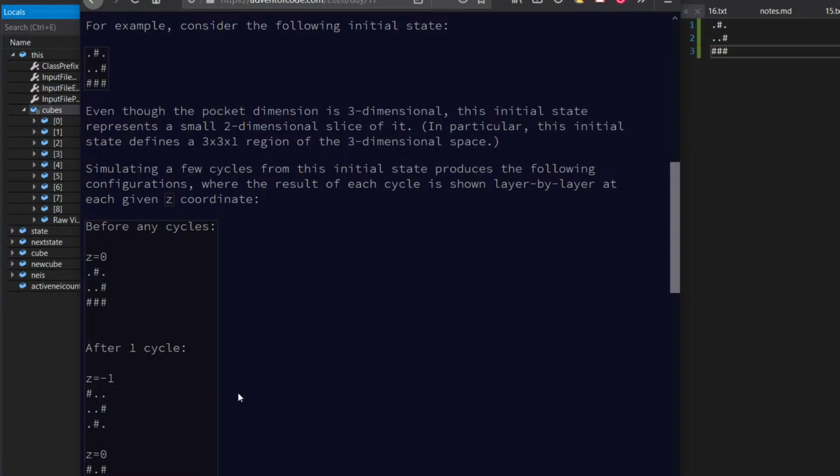Not entirely sure. 0, 0, 0 became active? That doesn't make sense. There's only 1 right next to it.